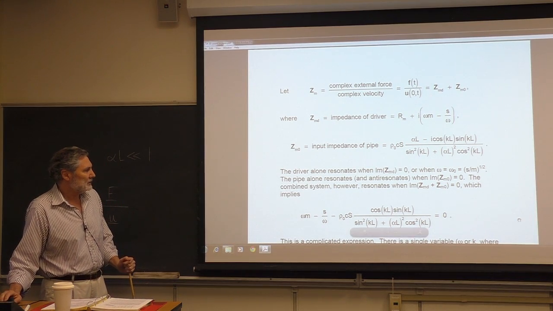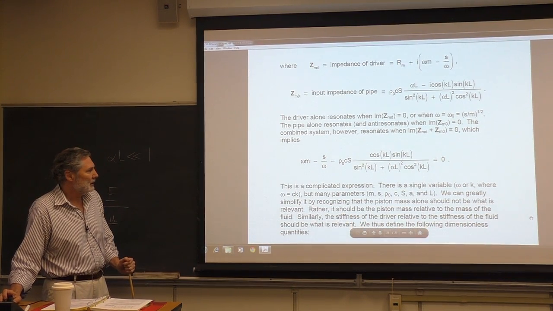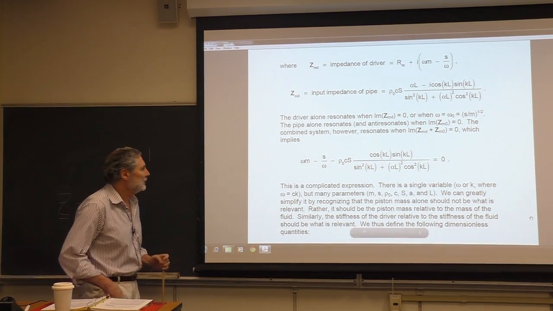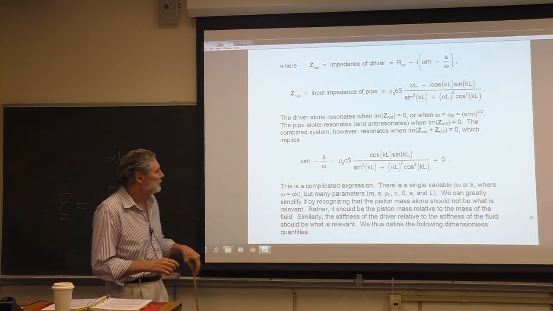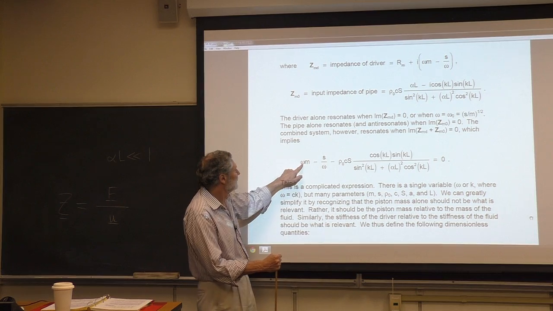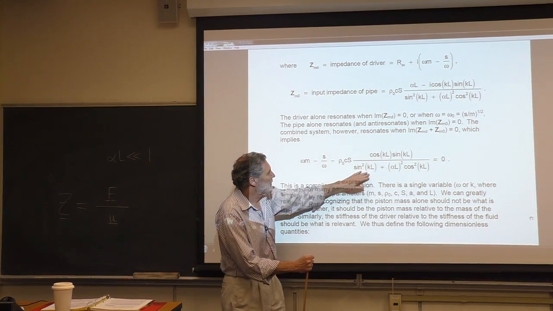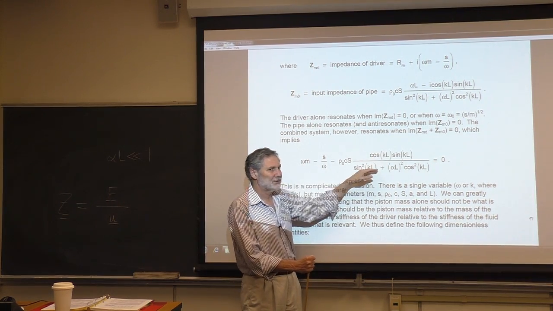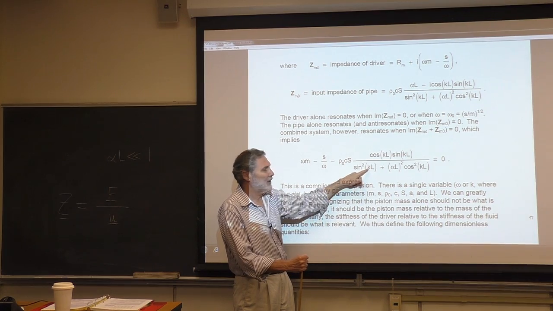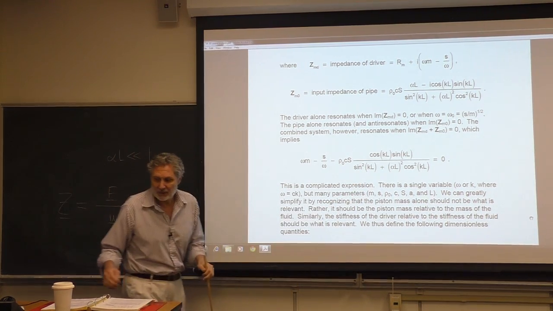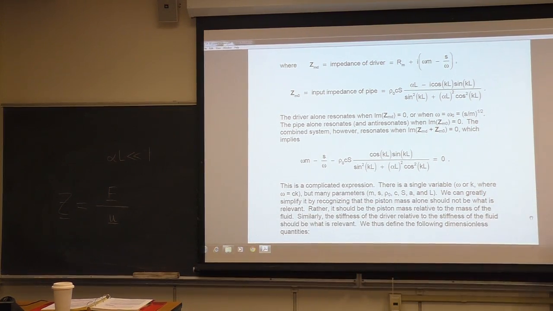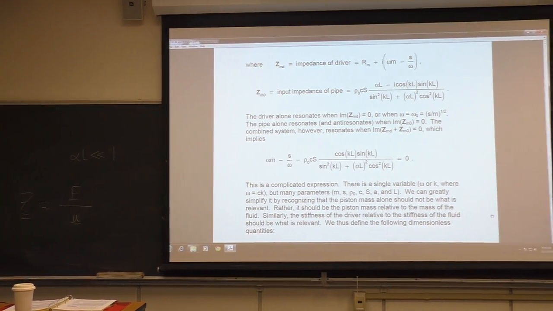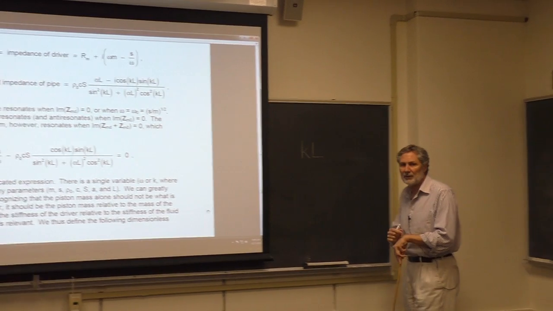Now this is a complicated expression. You want to notice here we really have one variable. It's the frequency, or what's convenient here, because it's in the argument of these sinusoids, is KL. So KL is a dimensionless quantity, obviously, and that's what we're going to treat as our independent variable.